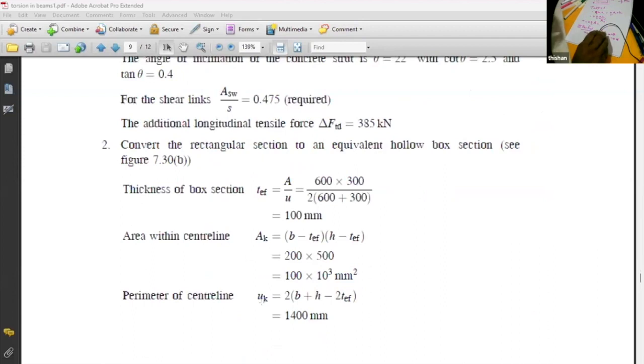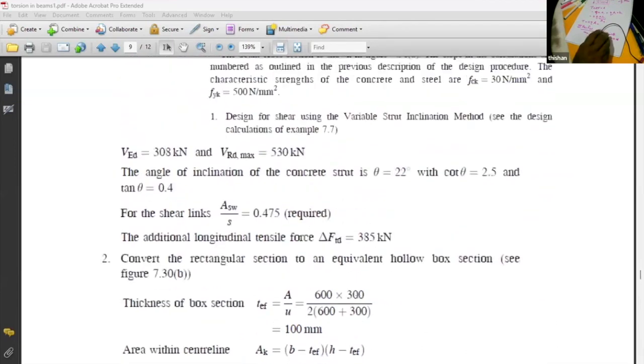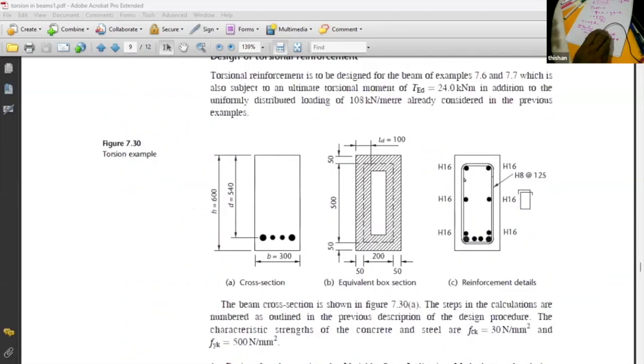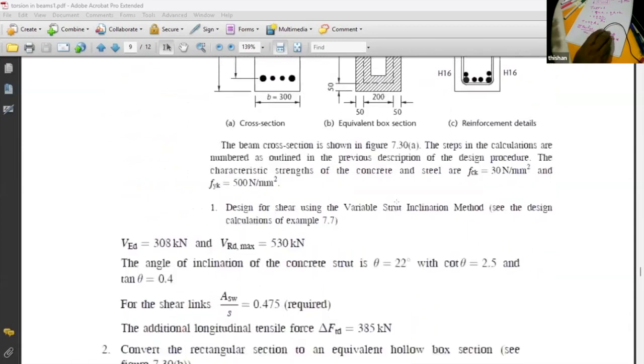So that is 2b1 plus 2a1, or otherwise (b plus h minus 2t effective) multiplied by 2. b plus h are the actual dimensions, minus 100 this way, minus 100 this way.